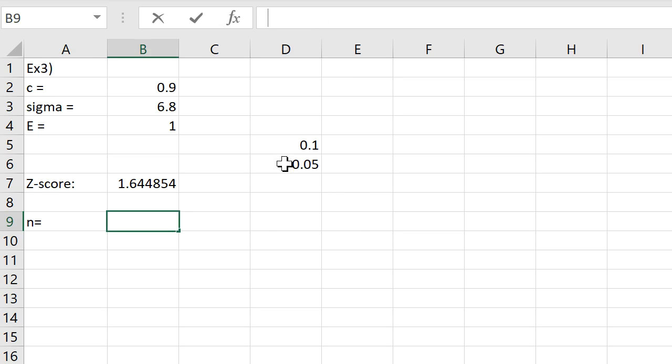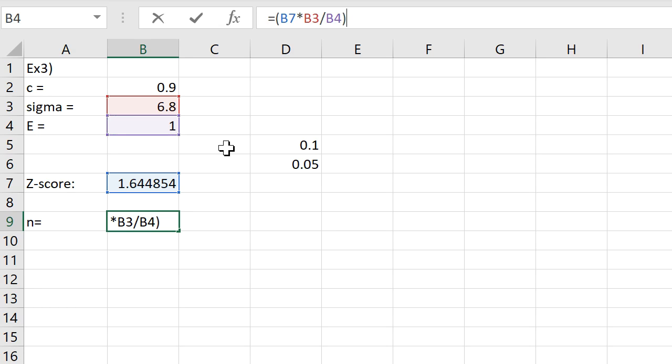So this formula is just going to be equals, an opening parenthesis, then our Z-score, which is right here, times our sigma, which is right here, divided by E. I'm going to close the parentheses, just like the formula has it.